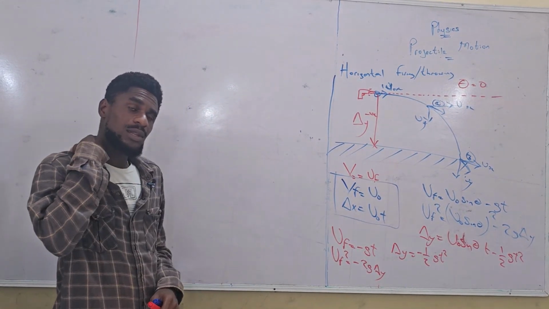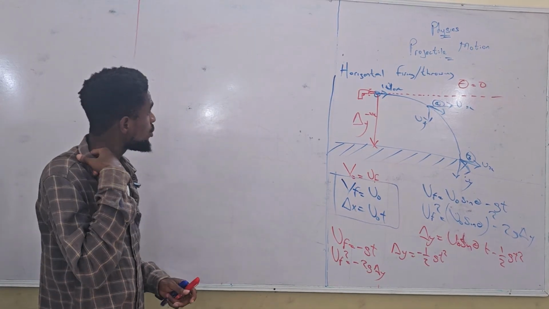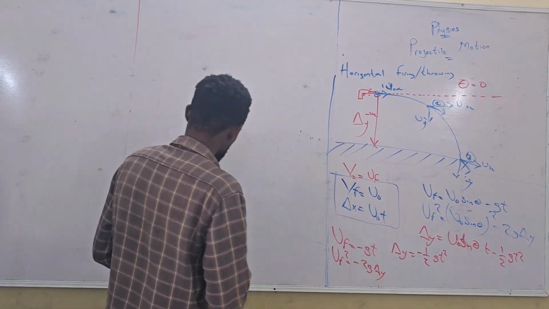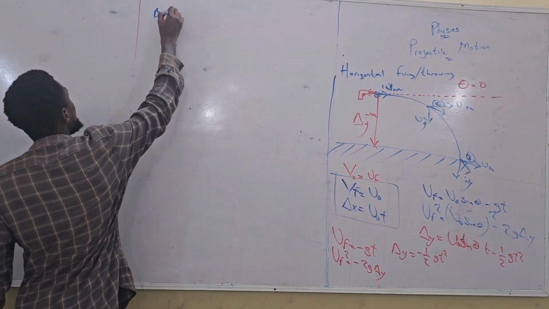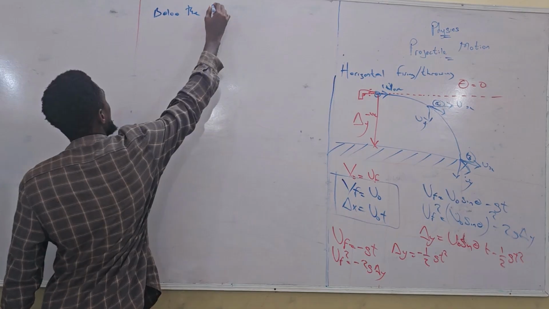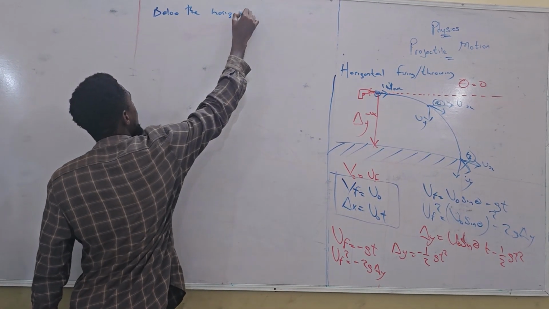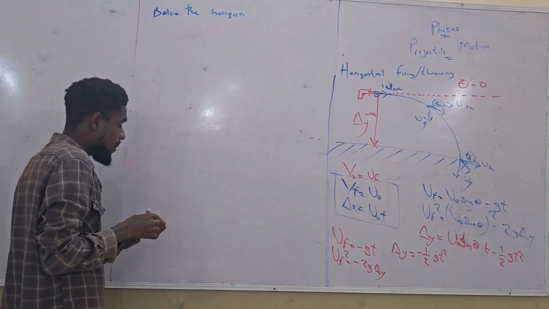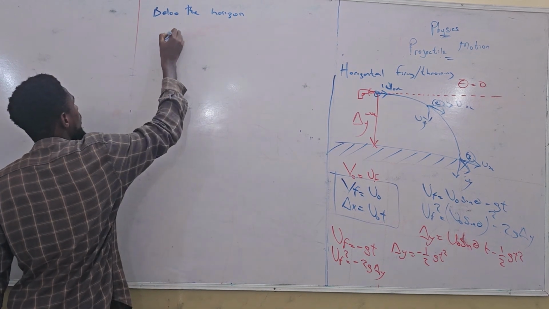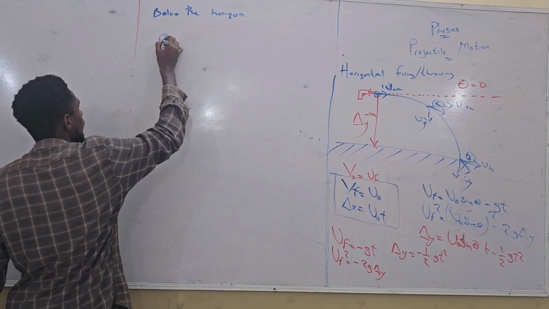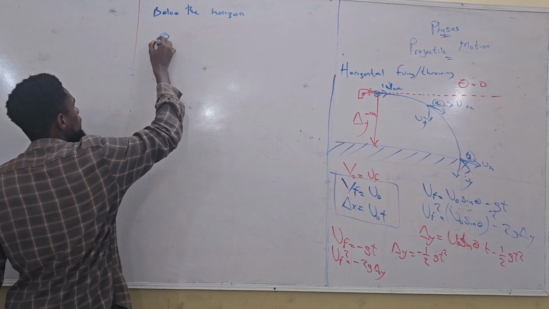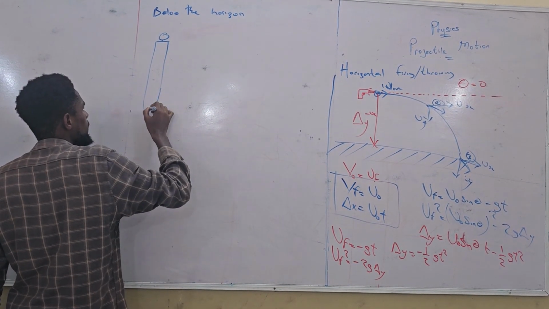All right, so for the third type of projectile motion, below the horizon, basically we have a ball here, and then we want to throw it.